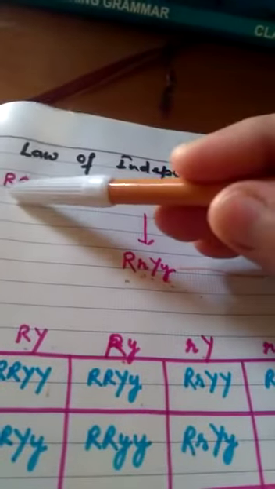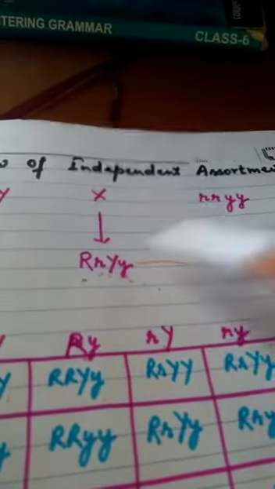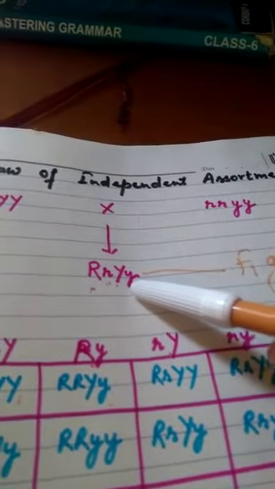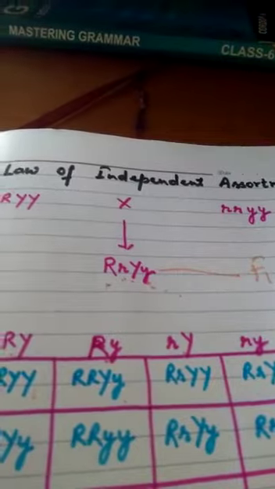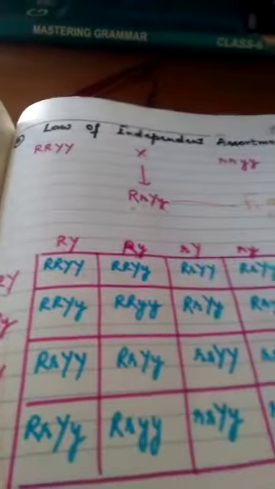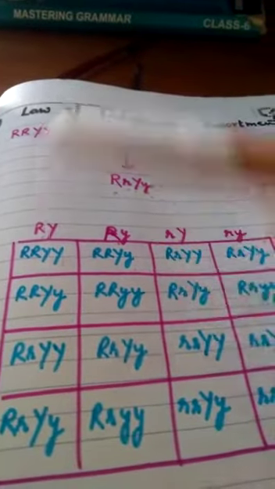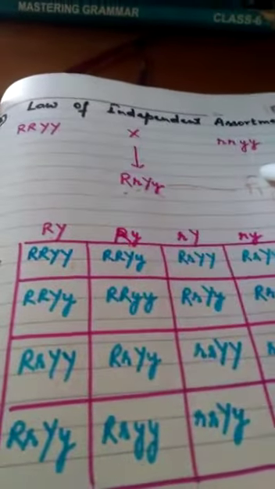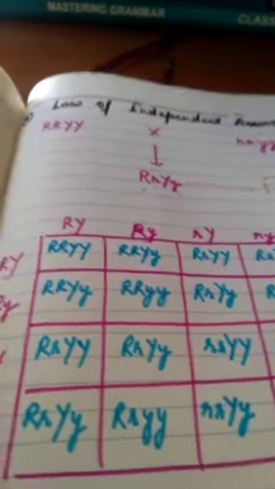You can see from here it is getting capital R, from here capital Y, from here small r, and from here small y. So all types of alleles are present in the F1 generation. Now in the F2 generation, the assortment of these gametes is independent of their parental combination. It does not depend on the parental combination. Their assortment is independent.